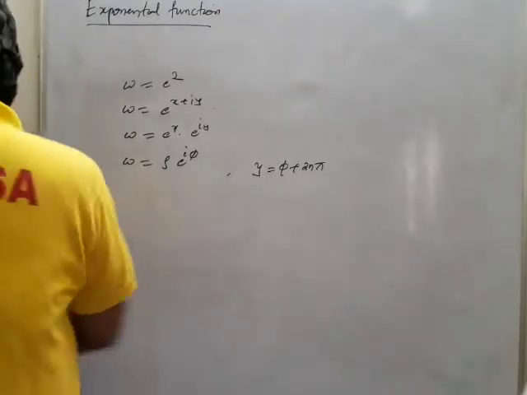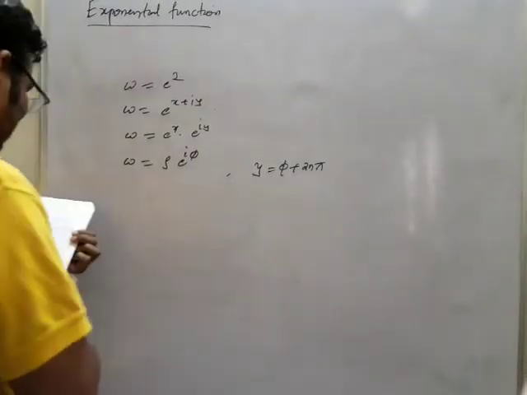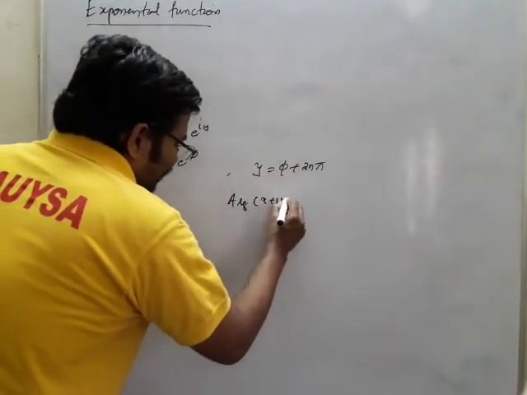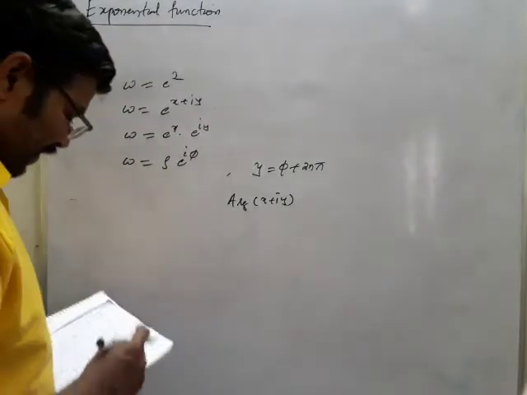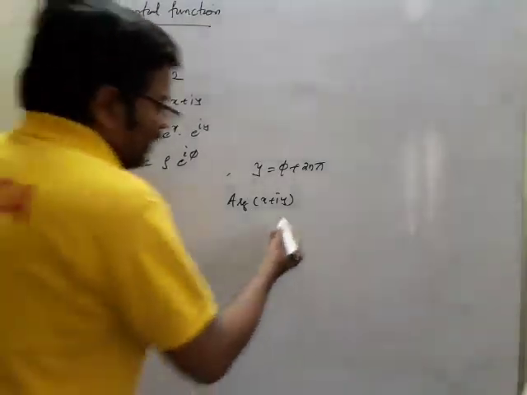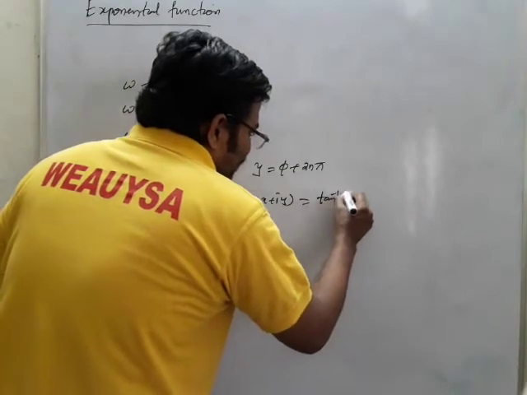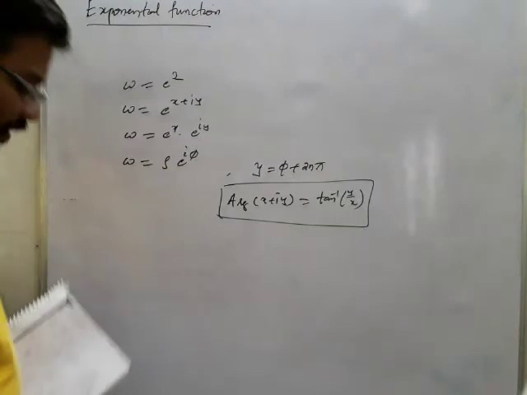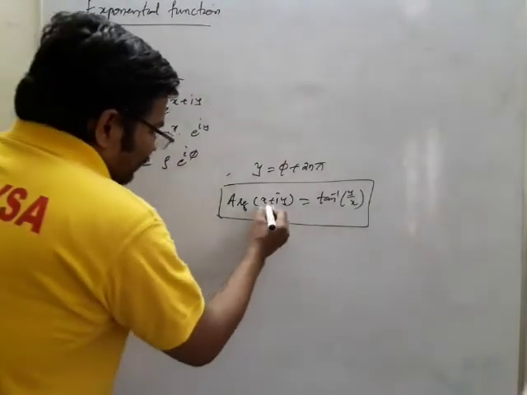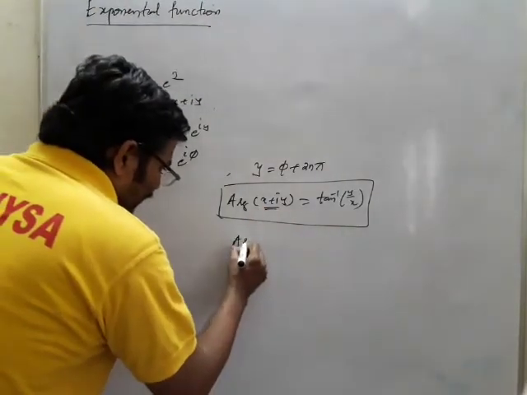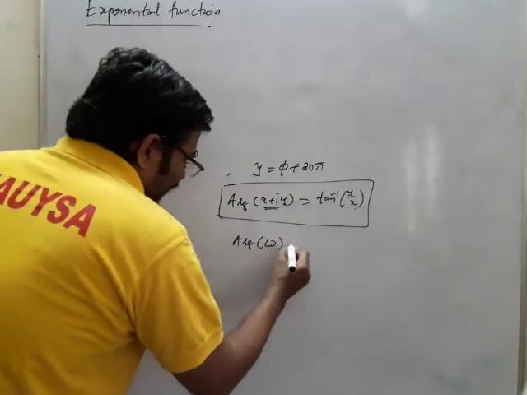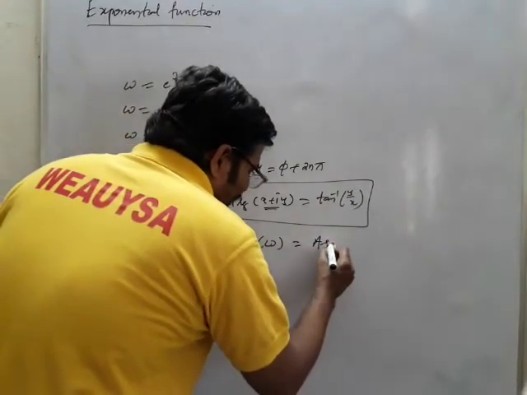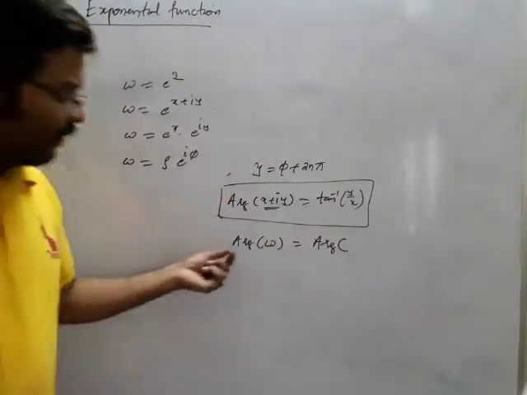So now I may take the argument of x + iy. If I wanted to find the argument of x + iy, I can write tan⁻¹(y/x). So I'll take this as the argument of w.